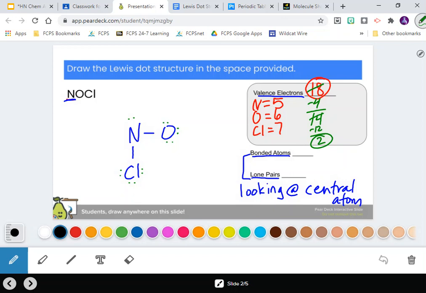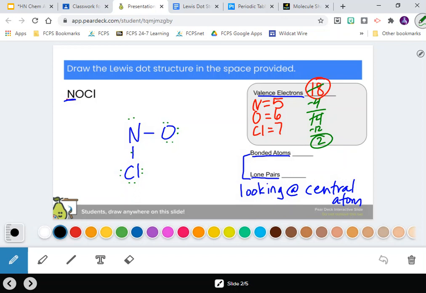This is where I take a look at my structure and evaluate. Is everybody satisfied, has their complete octets? Everything okay here? Or is there an issue? Nitrogen only has 6. Yes, we have the 2, the 4, the 6 here. So we only have 6 for our nitrogen.